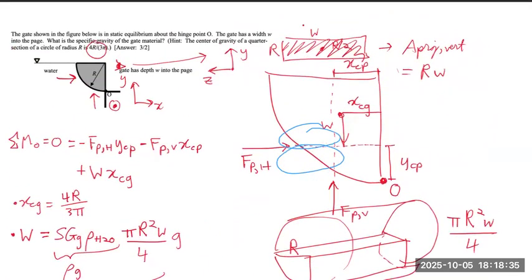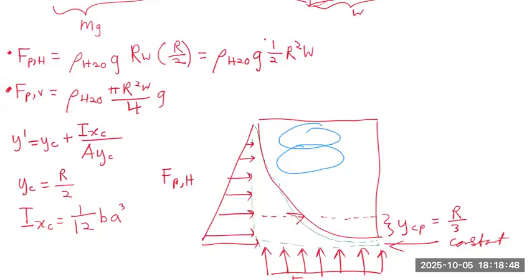As you see over here, that's going to be B. And then A is going to be R. So B is going to be W, A is going to be R. So that's going to be 1 over 12 WR cubed.